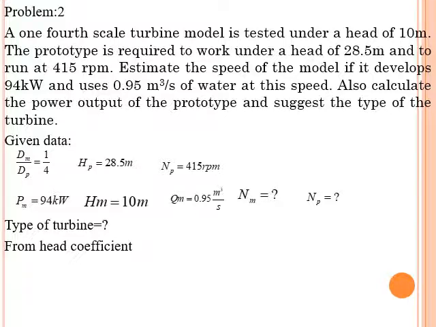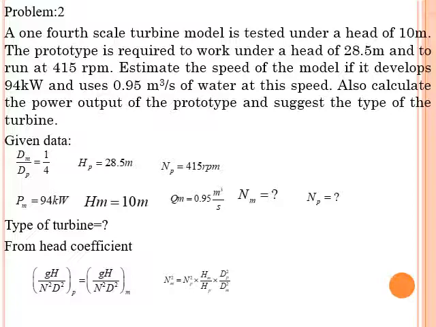From head coefficient, the head coefficient of the prototype is equal to head coefficient of the model. The expression for that one, gH by n squared d squared, that is head coefficient of the prototype, equals gH by n squared d squared of the model.